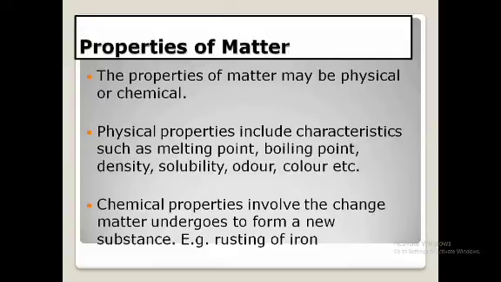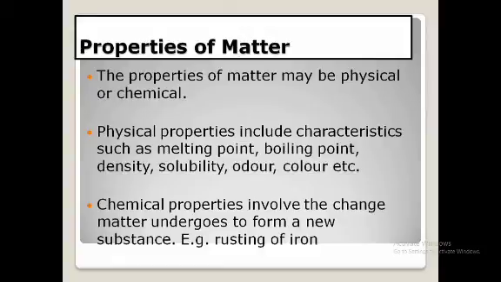So the physical properties of matter include melting point, boiling point, density, solubility, odor, color, and so on. While chemical properties of matter involve the changes that matter undergoes to form a new substance.